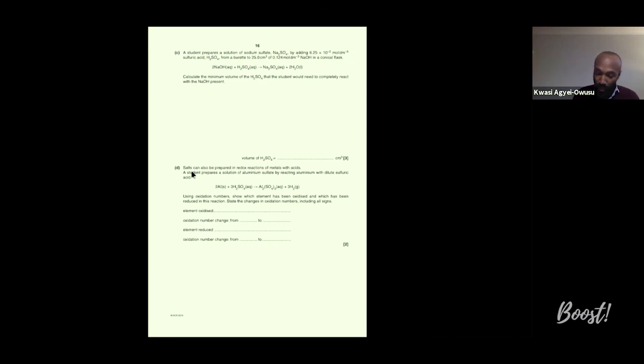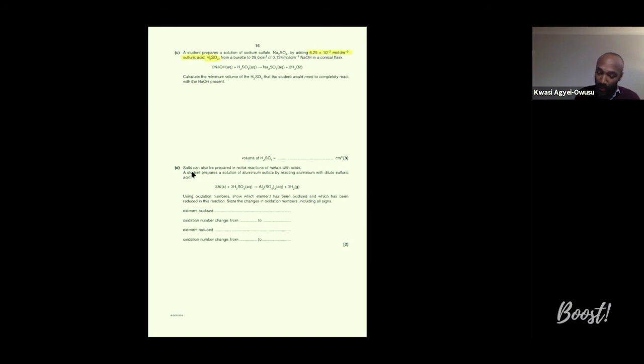So if we start with a yellow highlight and we look at sulfuric acid, we're told that we're adding 6.25 times 10 to the minus 2 mole per decimeter cubed sulfuric acid. So I'm going to highlight that in yellow, and I'm going to highlight my sulfuric acid in yellow as well. Okay, so I know that the concentration given is for sulfuric acid.